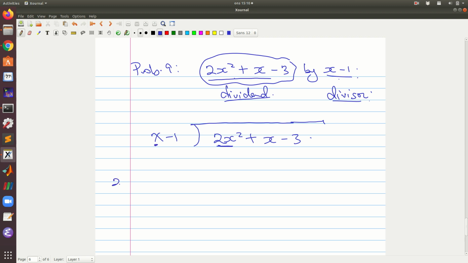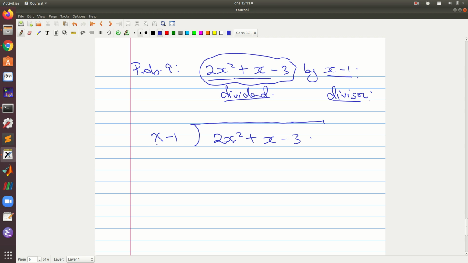In other words, we have 2x squared divided by x. We know this is the same as 2 times x divided by x, so we get 2x. I won't be going into that. For now, we'll assume that we are all comfortable with these simple basics of algebra. So we shall write down the procedure shortly.